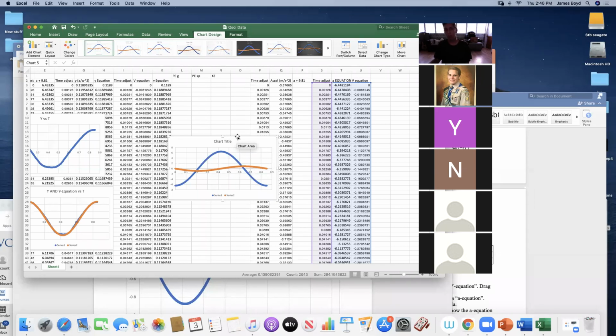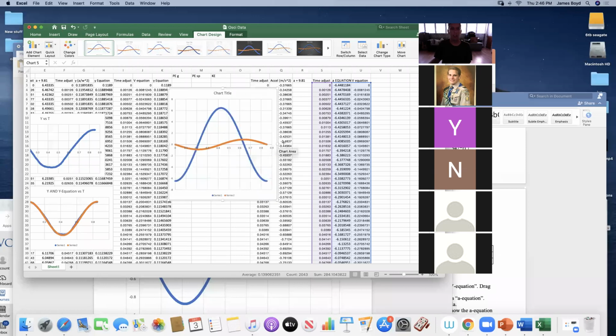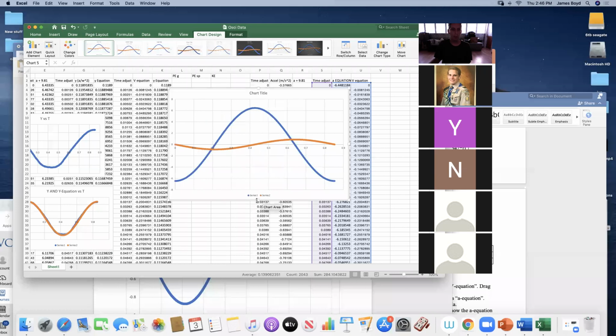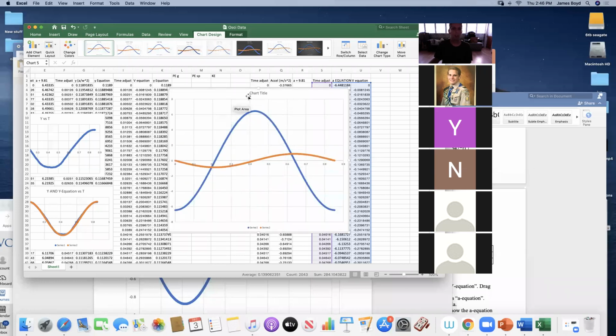And unfortunately, because I moved the velocity to the end, the velocity is now orange here. The acceleration is now blue. But notice something really important. I'm going to actually copy this. I'm just going to call this A and B equations.